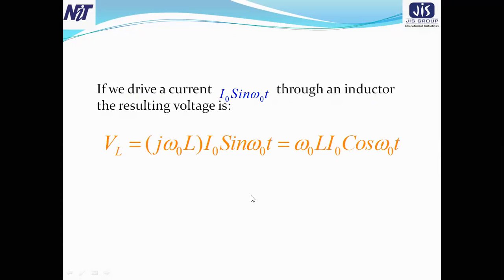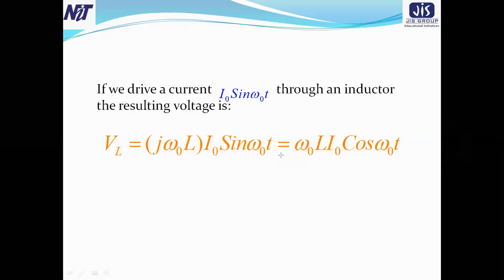Next, if we drive a current I0 sin omega 0 t through an inductor, the resulting voltage will be VL equals j omega 0 L I0 sin omega 0 t. We already defined this part in the previous slide: if we multiply j with this term, it will convert sine to cos, because with the advancing, the phasor will advance.